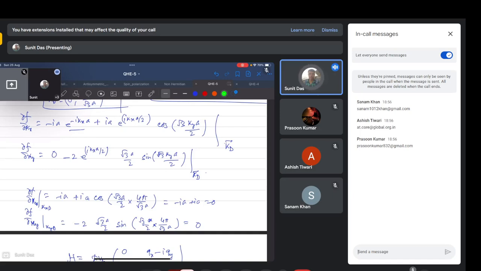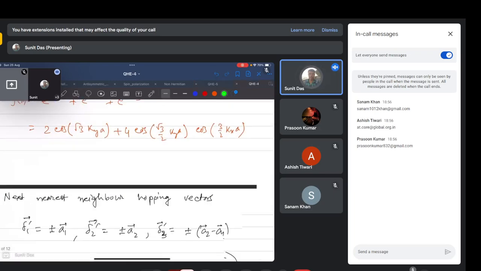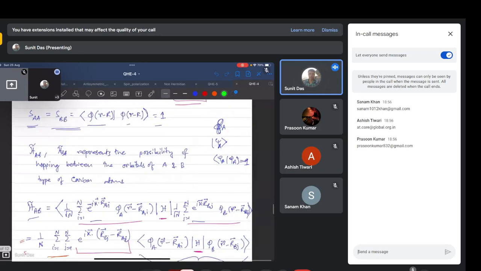Nucleus is positively charged and electrons are negatively charged, so there will be some potential due to the positive and negative charge, right? So those potentials are periodically arranged in a solid state system. And this fact has not been taken into account in the free electron theory. So the first step to correct this is free electron, but in a very weak periodic potential. So there are three steps I explained in the last class, I think.